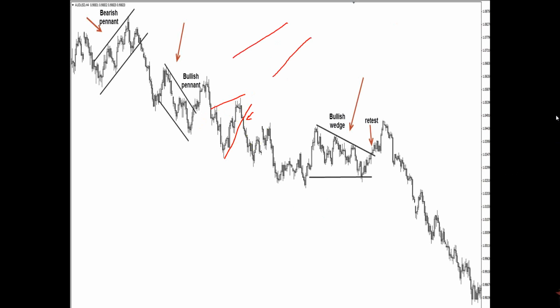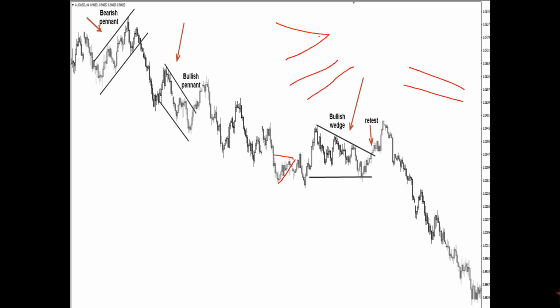Please tell the difference between a pennant and a triangle. You can see the difference here. A pennant is this, and this is a triangle. So a triangle will look something like this. It's not a perfect example, but the triangle is this, and the pennant is this or this.